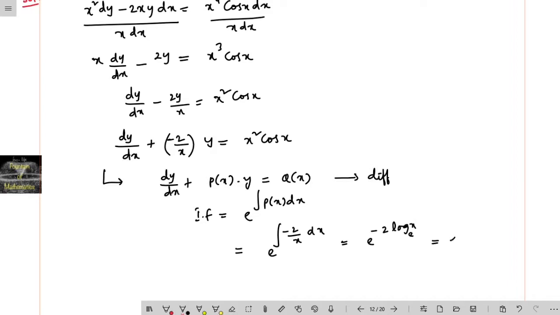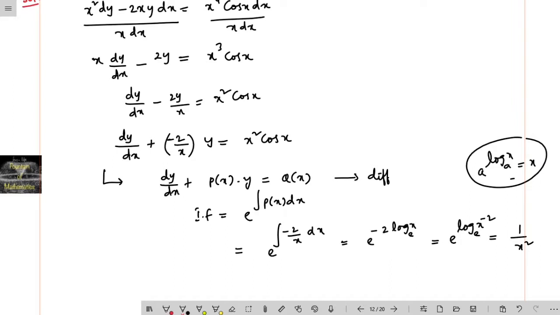This is nothing but e to the power of log x to the power of minus 2. We will get 1 upon x square by using the property that e to the power of log x to the base e is x, or for any base a, a to the power of log x to the base a is equal to x. By using that property we get 1 upon x square.